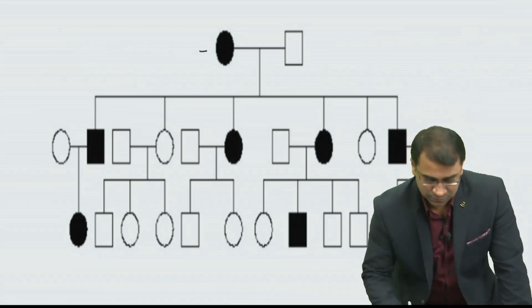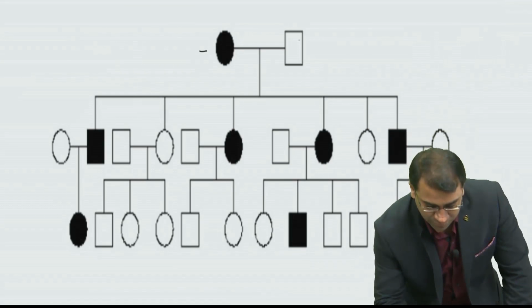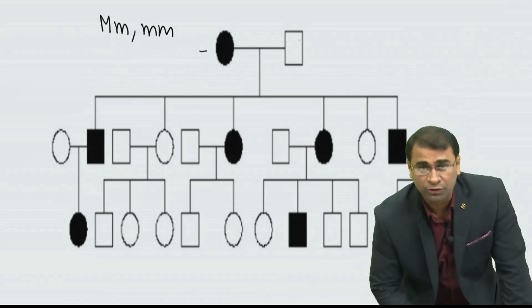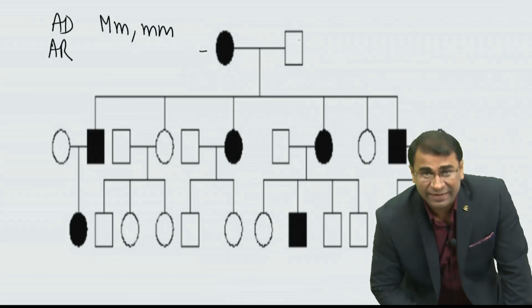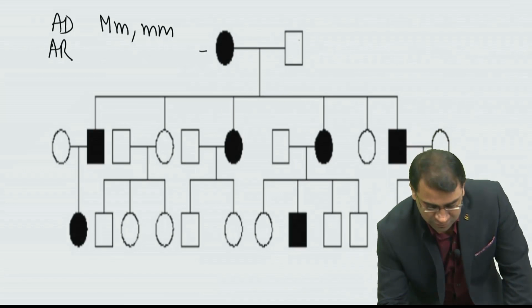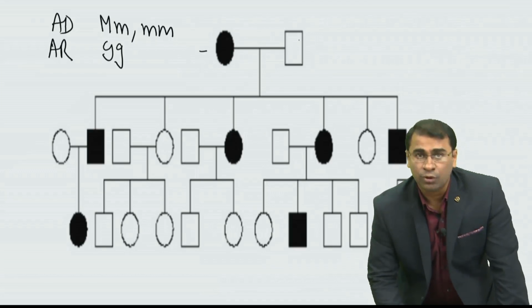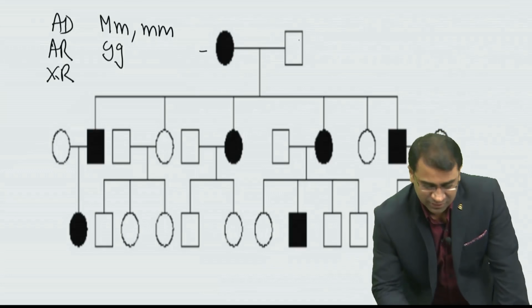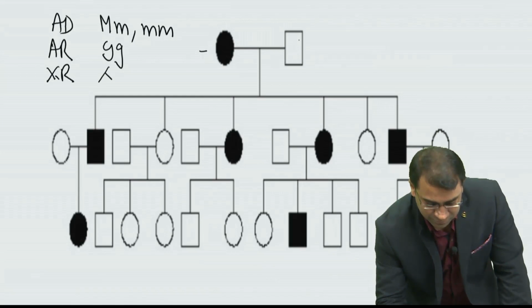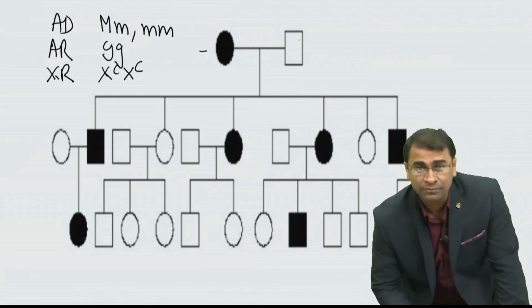You take the genotype as capital M or small m if it is autosomal dominant. Agreed? If it is autosomal recessive and it is Gaucher's disease, you take small g. If it is X-linked recessive and it is color blindness, you take XC.